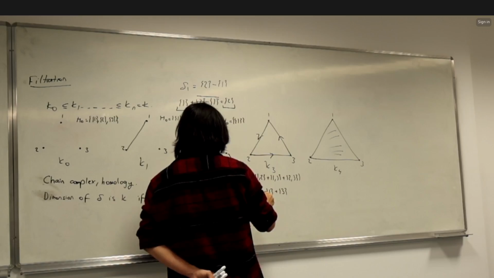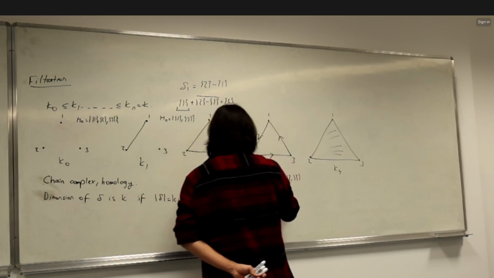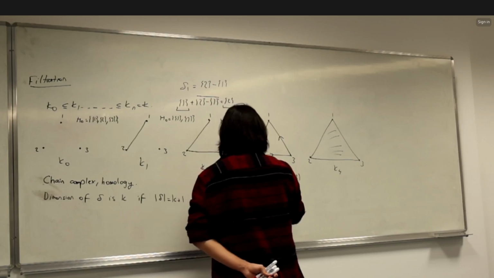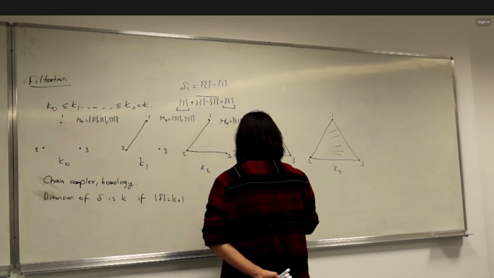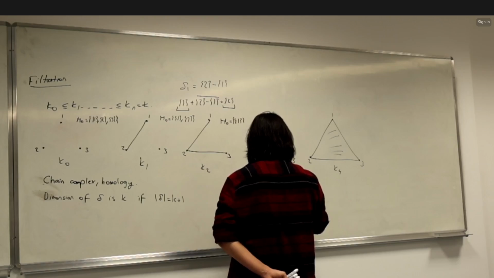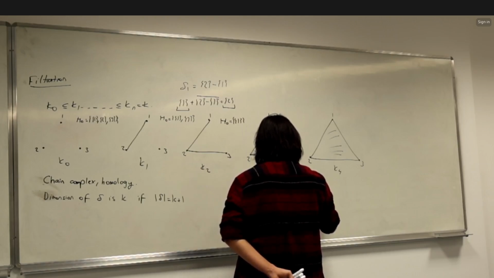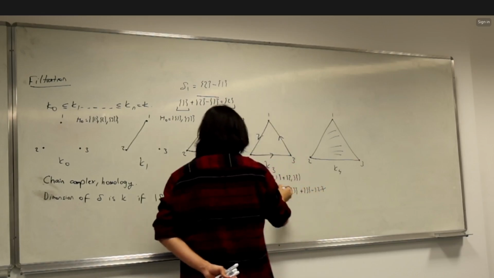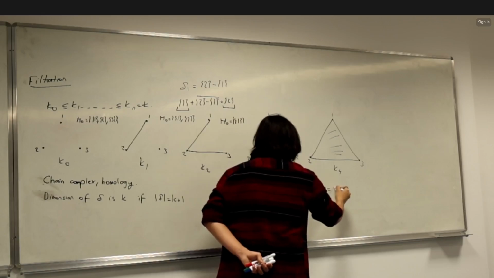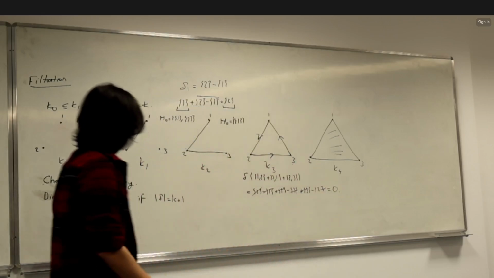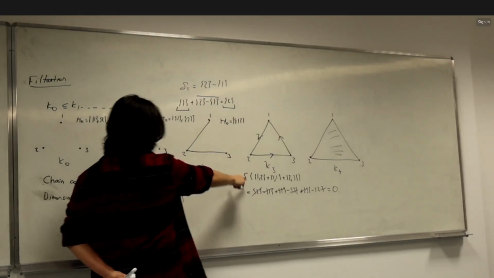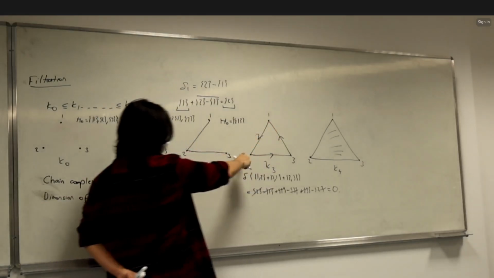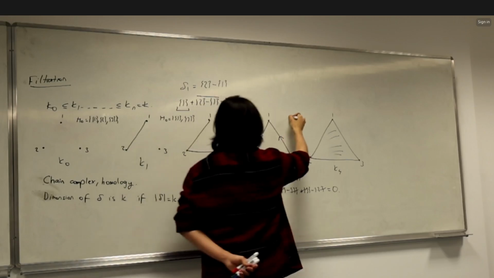The direction is important. Since everything cancels each other, this will be equal to 0. So now for the boundary map, we have something in the kernel. So we have created a cycle for H1.